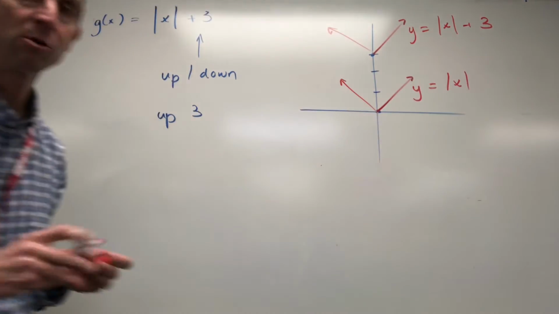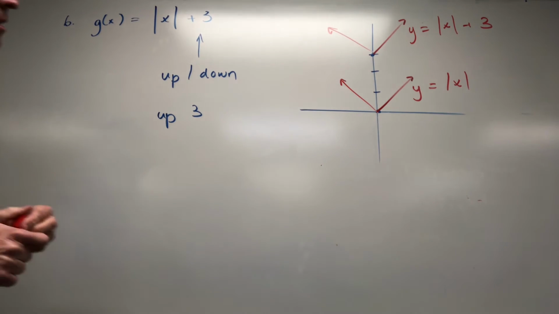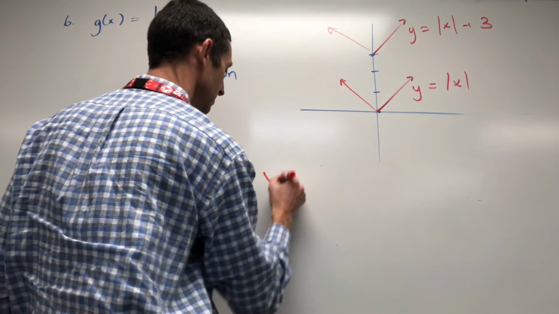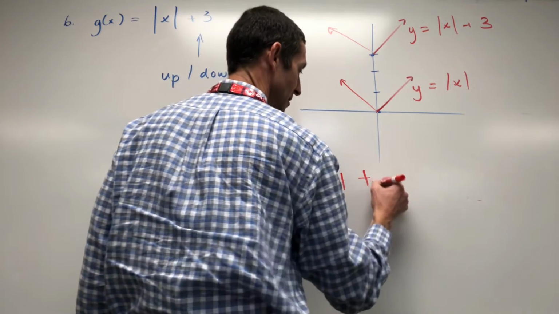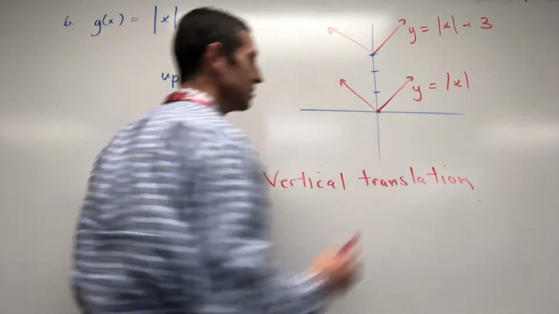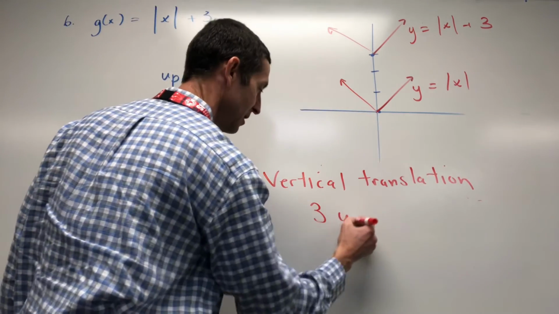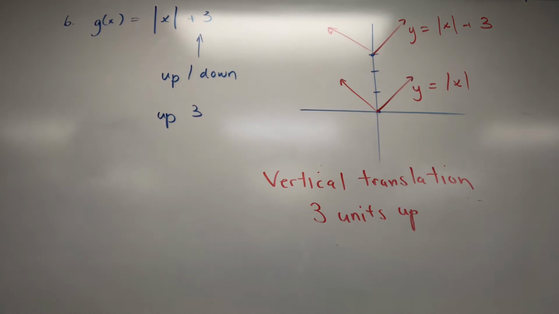So we've graphed both functions. We've labeled both functions. Now we got to describe it. It's not horizontal, this is up, down, so it's vertical. So we got ourselves a vertical translation, and we're going up 3 units up.